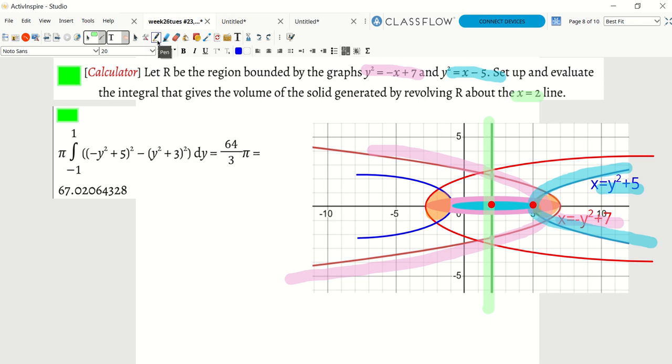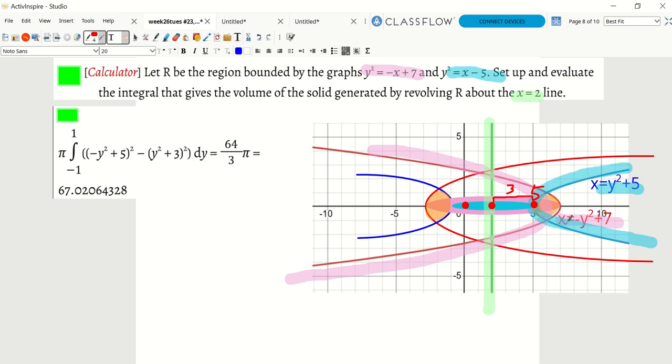Now, let's say this x coordinate is hypothetically 5, which it looks like it's about 5. 5 represents the distance between left red and right red. But that's not the distance that we want for the radius of a blue disk. We want it from middle red to right red. So we have to subtract this 2 right here. 5 minus 2 is 3, and that is the hypothetical radius of this blue disk.